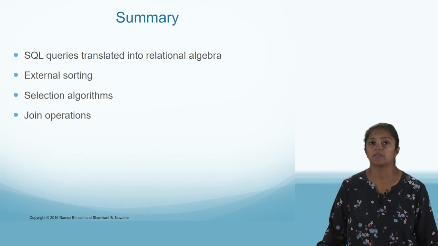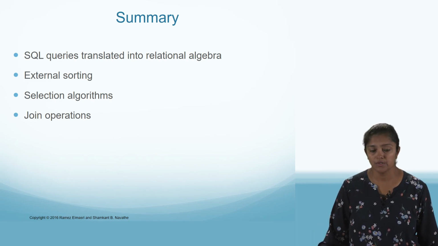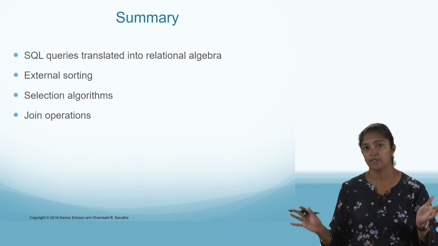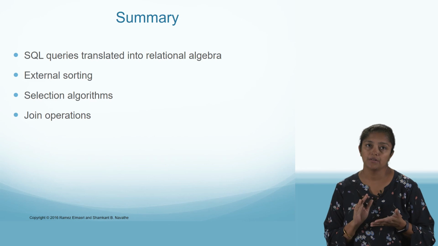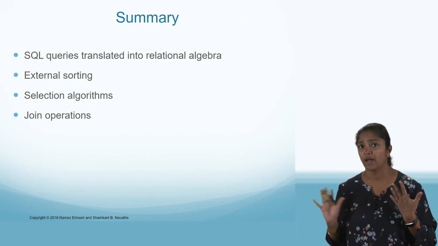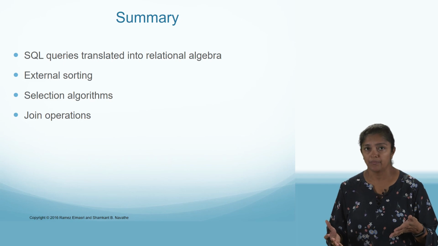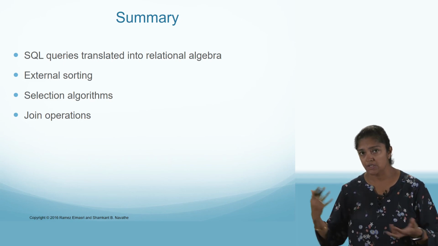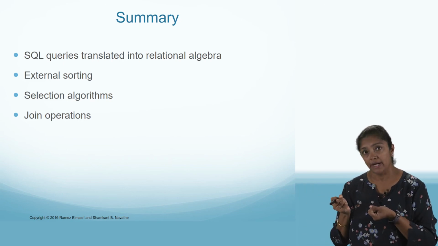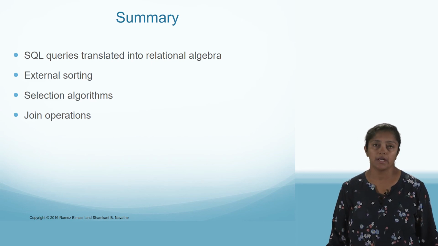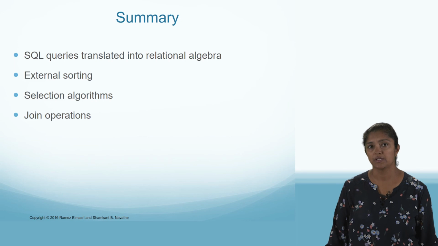Then we saw how the different operations that we have, like selection, join, projection and aggregation operations, are each implemented behind the scenes, so that the data can be fetched in the most efficient manner. So that's what query processing basically involves.